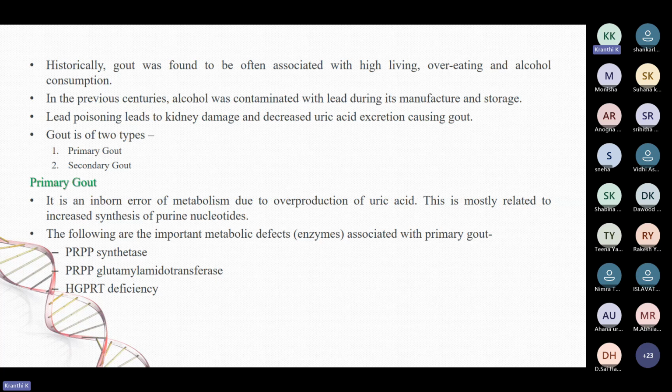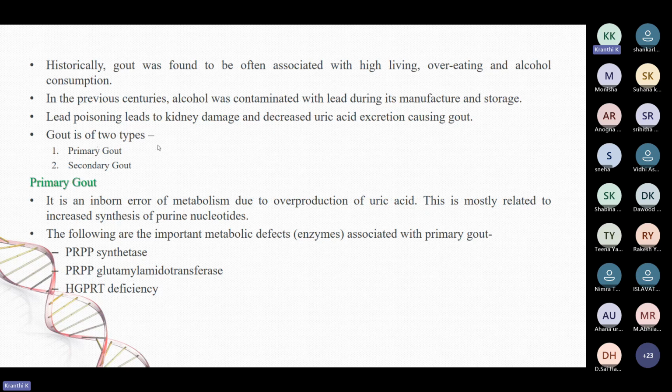Lead poison causes decreased excretion of uric acid, so the uric acid, if not excreted through the kidney, will be deposited in the joints, causing gout. That's the reason eating high meat and consuming alcohol leads to gout.